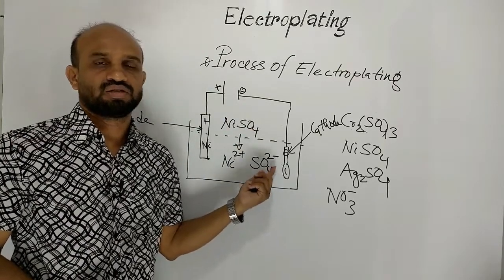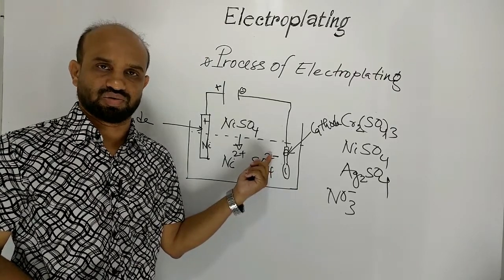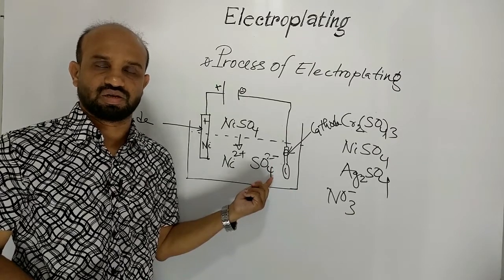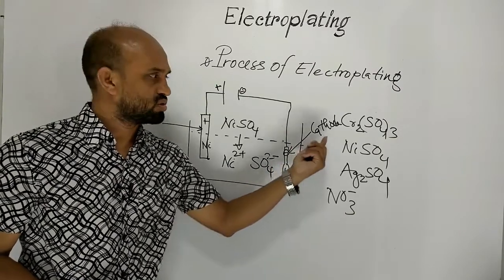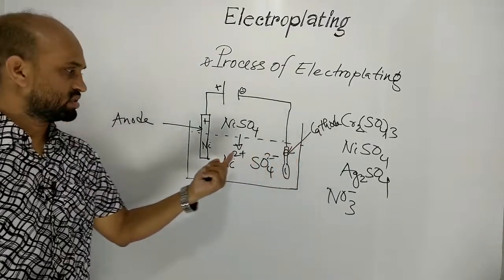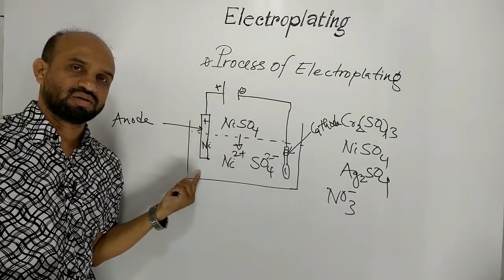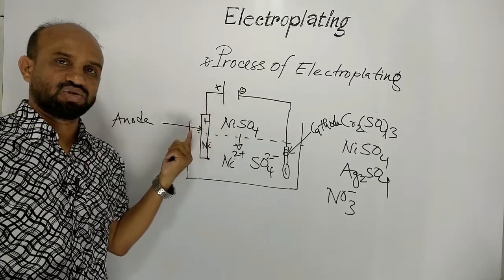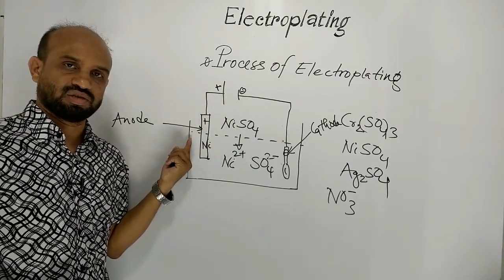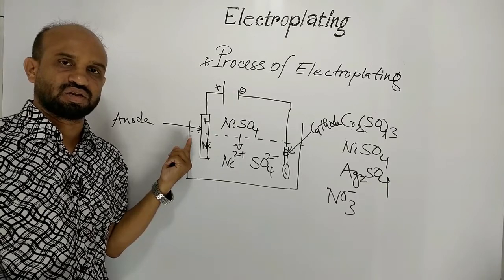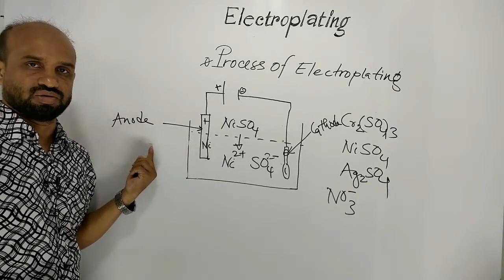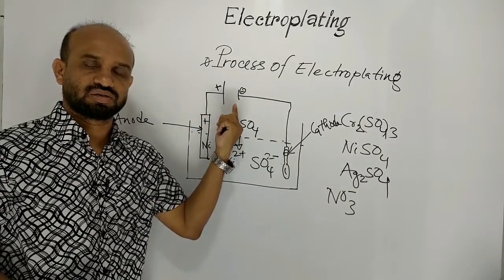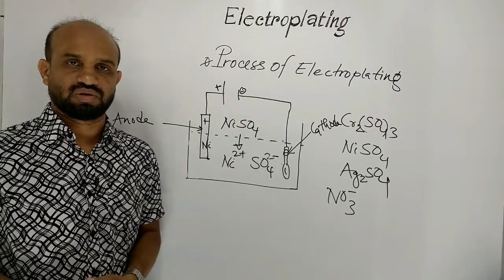That is why this is a negatively charged electrode. This spoon is the negatively charged electrode, called cathode, and this nickel bar is connected to the positive end of the cell. That is why this is positively charged, and the positively charged electrode is called anode. When the circuit is completed, then reactions happen.